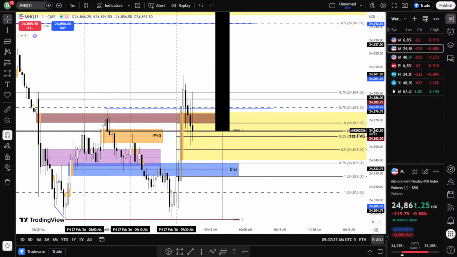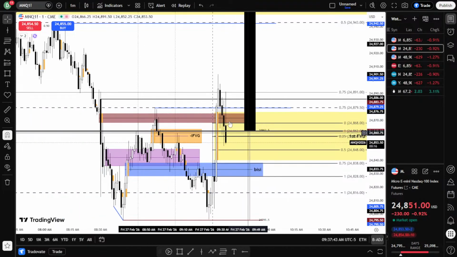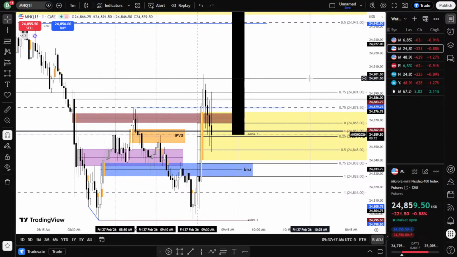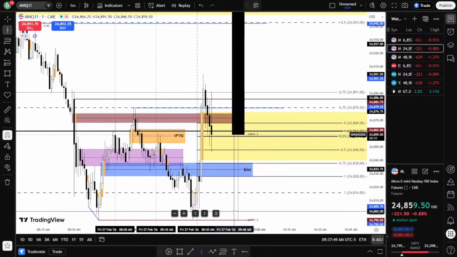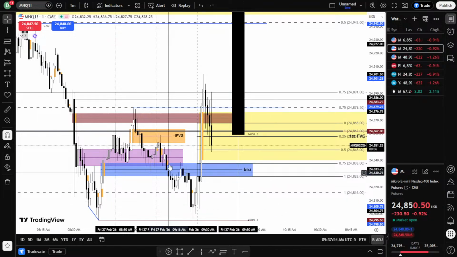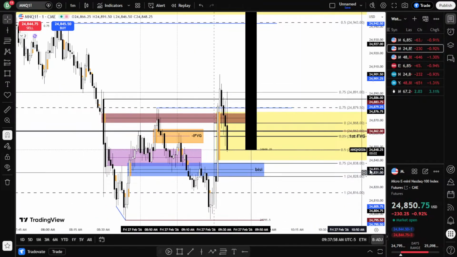Actually, I have taken the trade in the pre-market session. Now I will look for opportunities inside the 950 to 1010 macro if I get something, because this looks not as I want.